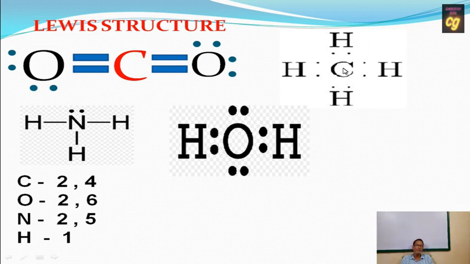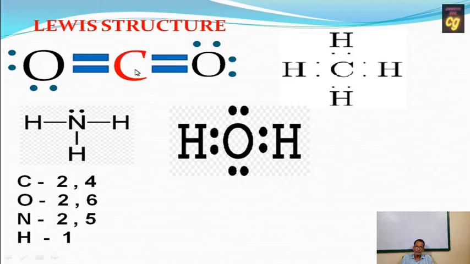CH4 is produced by the formation of 4 covalent bonds. Because carbon has 4 electrons in the outermost shell, it requires another 4 electrons, that's why 4 hydrogens combine with the carbon atom, forming 4 covalent bonds.